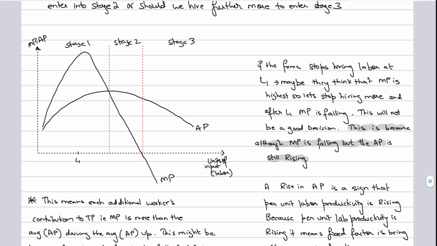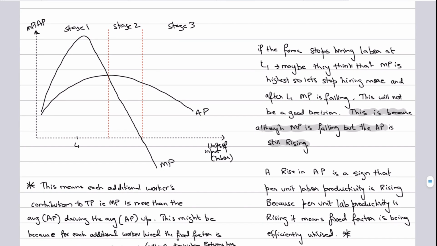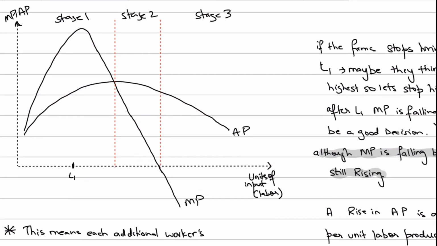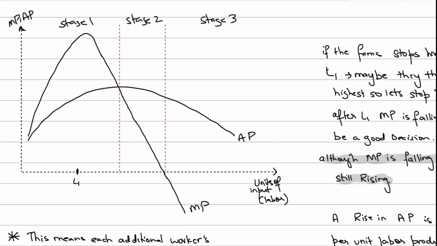If you see, guys, what I've done here is, for example, if the firm decides that it will be in stage one, it's hiring, let's say, L1 number of workers. Because on the x-axis I'm measuring the units of input, that is labor, and on the y-axis we're measuring the marginal and the average product. So let's say we're going to be hiring L1 workers, because it feels that by hiring L1 workers, our marginal product is somewhat maximum, right?